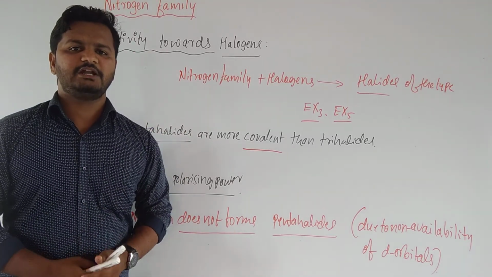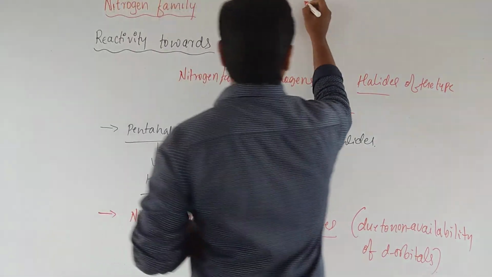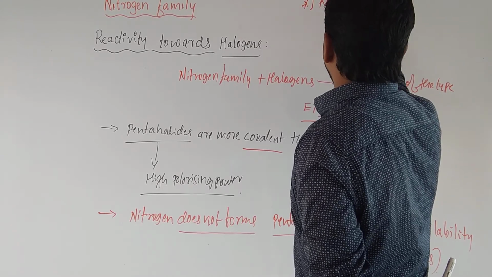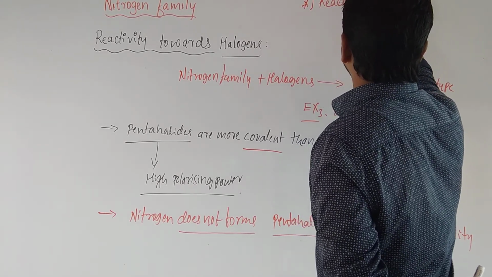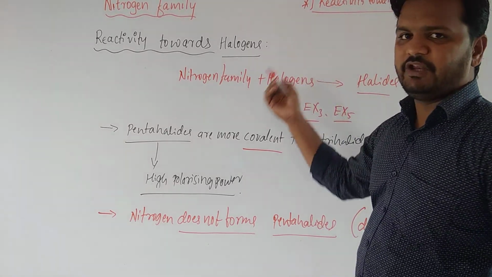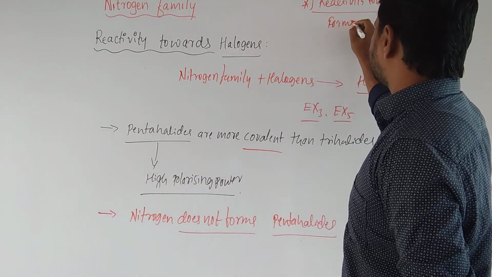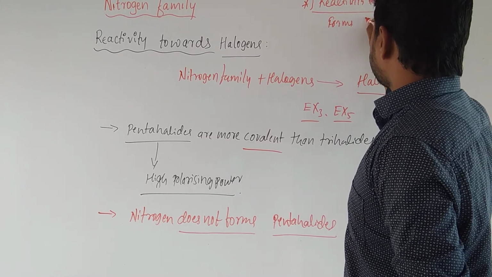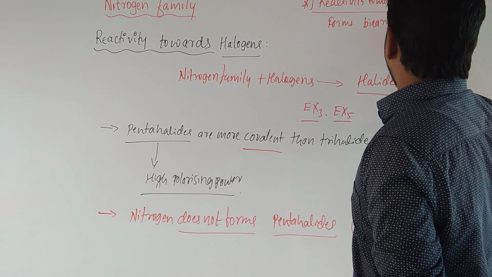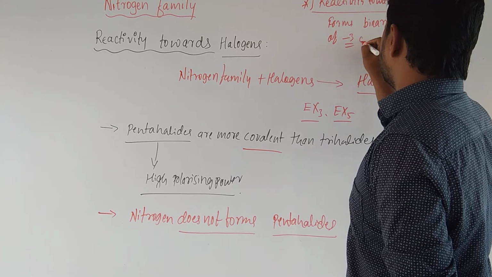And one more, reactivity towards metals. Group 15 elements, when they react with metals, form binary compounds of -3 oxidation state.